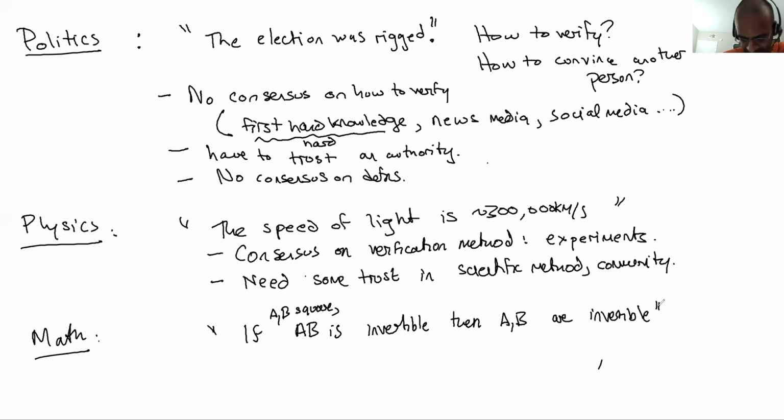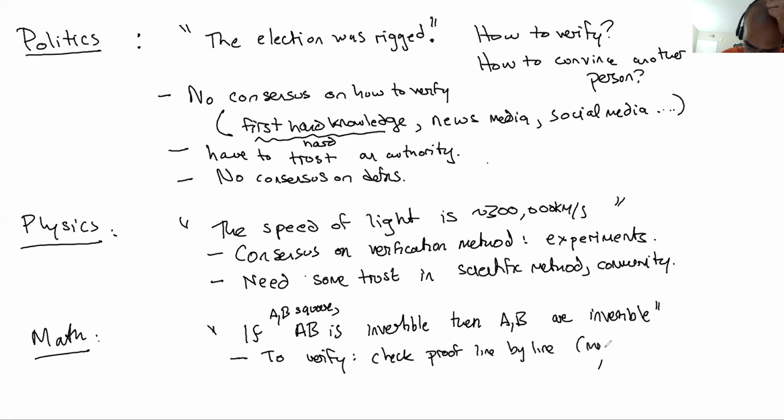Okay, not all statements are so boring. Of course, you have very interesting statements in math as well. But the point is that first of all, there is a consensus on how to verify. So to verify, all you have to do is check the proof yourself. And to check the proof yourself, you need to know the definitions, right? So just check the proof line by line.